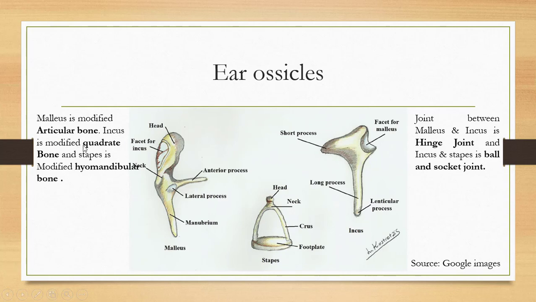Incus is a modified quadrate bone. And stapes is a modified hyomandibular bone. So remember these things as such, don't go into the detail. And then the joint between malleus and incus is a hinge joint, and the joint between incus and stapes is a ball and socket joint.